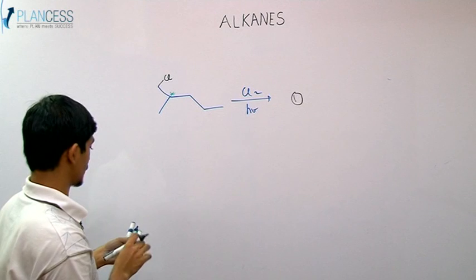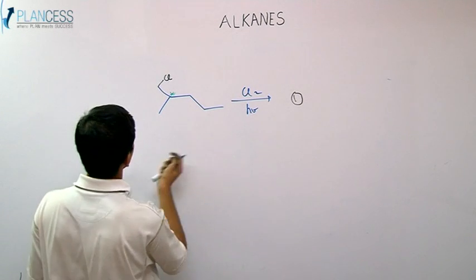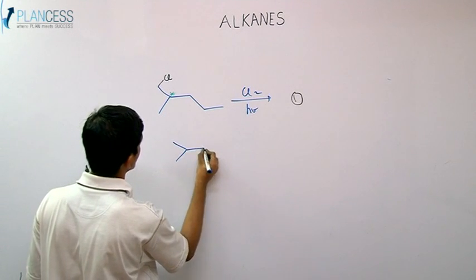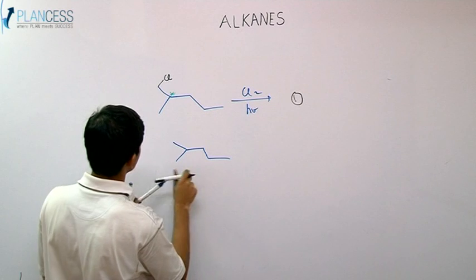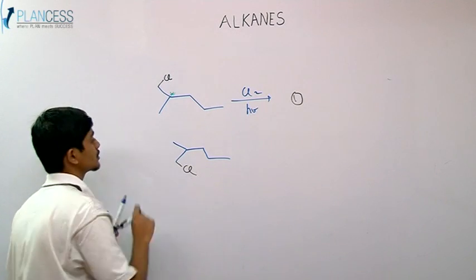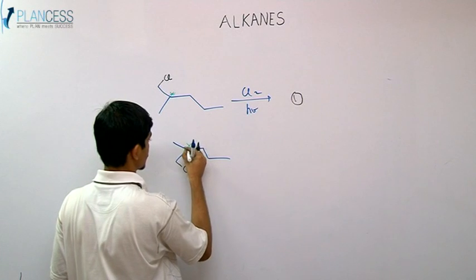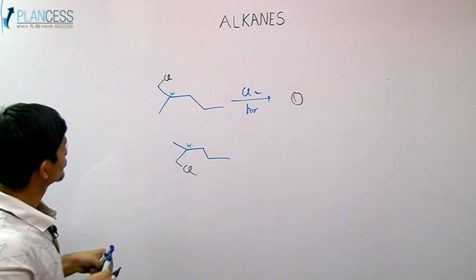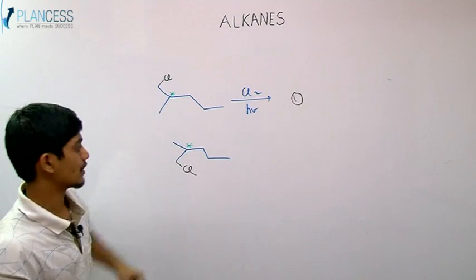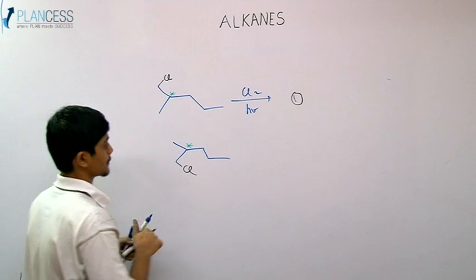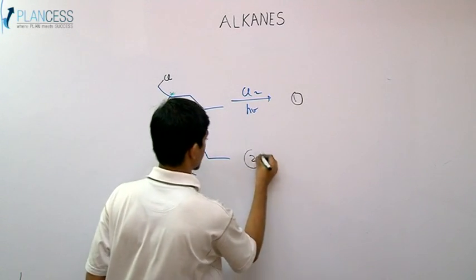Next, if you write another product for this, then you can have a Cl over here through monochlorination, and that also means that this carbon becomes a chiral carbon. And 1, 2, 3, yeah, 1, 2, 3. So that means we get another product.